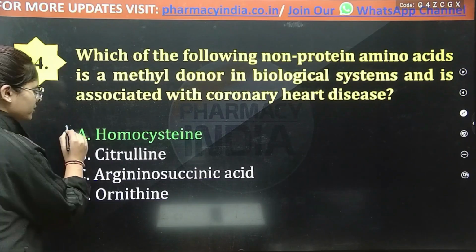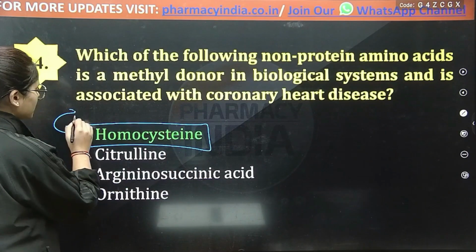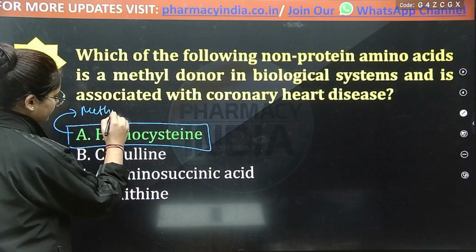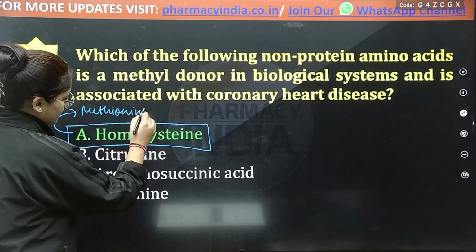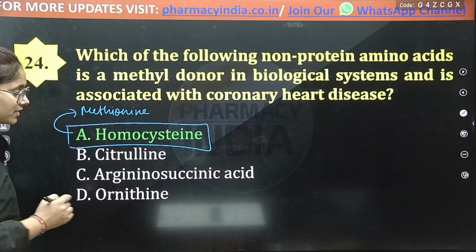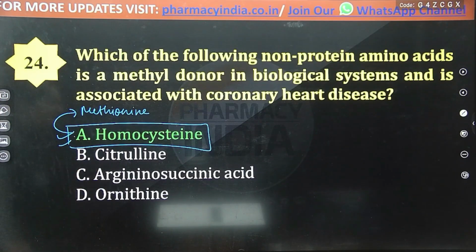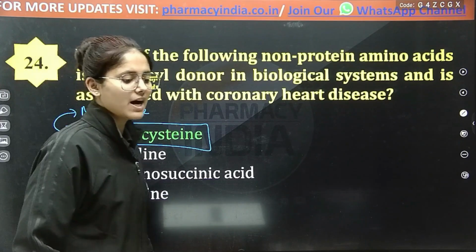Basically, homocysteine, which is the precursor of methionine. Clear? This is responsible for the methyl donation in biological systems and it is also associated with coronary heart diseases.